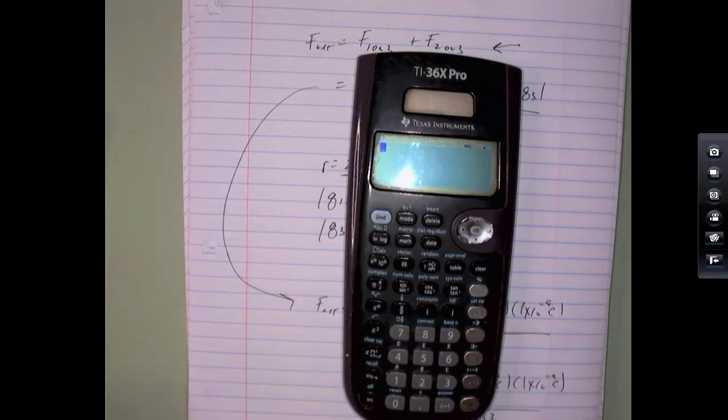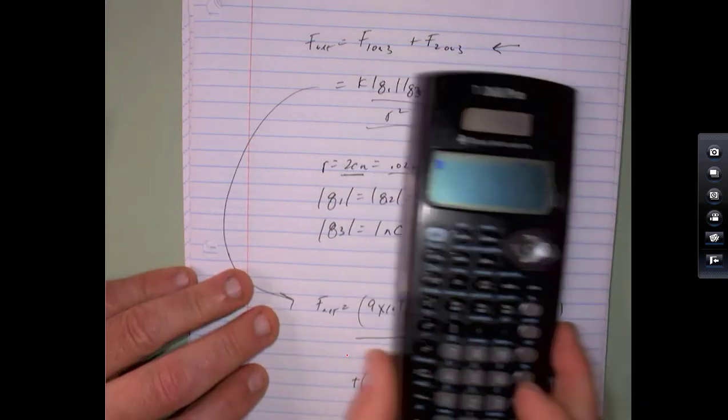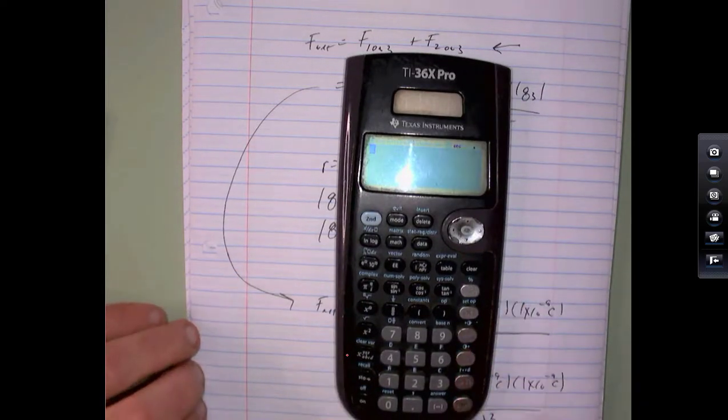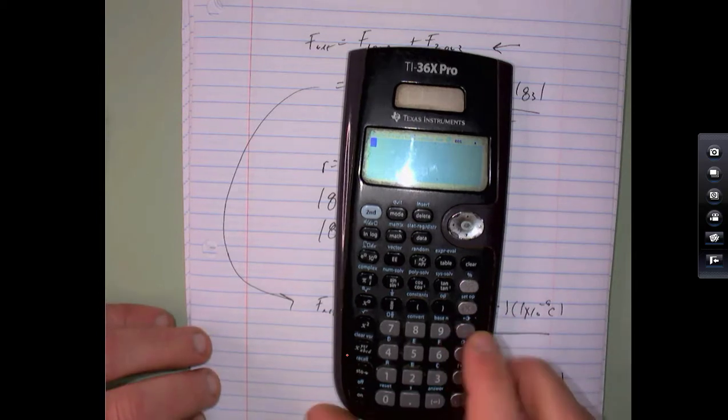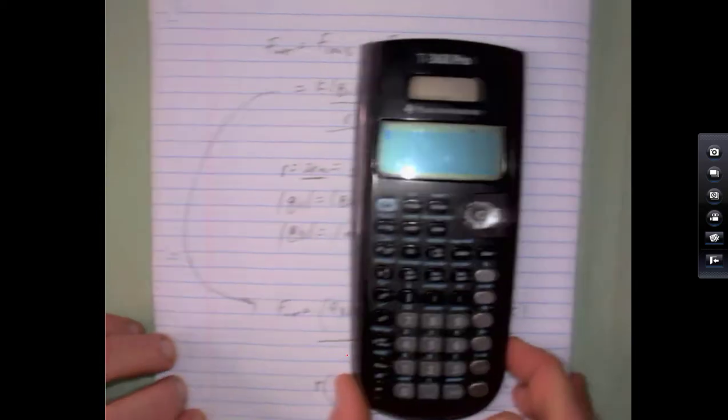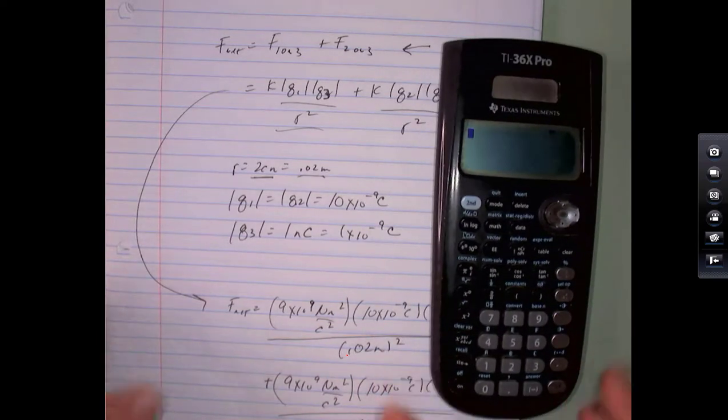So why don't we actually do this one time, just at the beginning of the semester, just to refresh your memory. So here's my calculator. Yours might be more complicated than mine, but it's okay. So 9 times 10 to the 9th. That's what I have to punch in here.